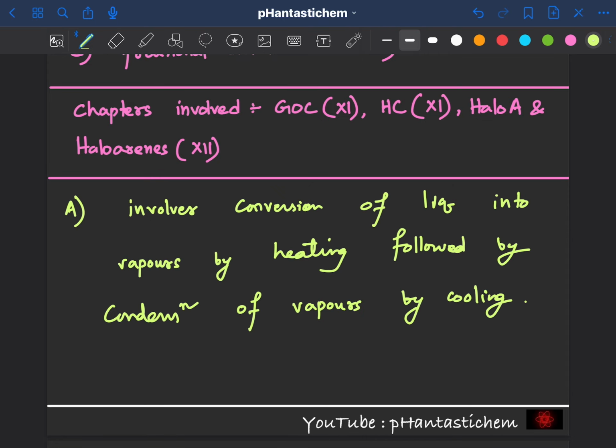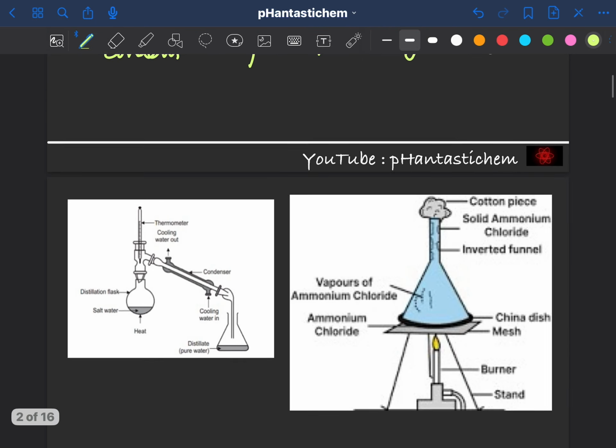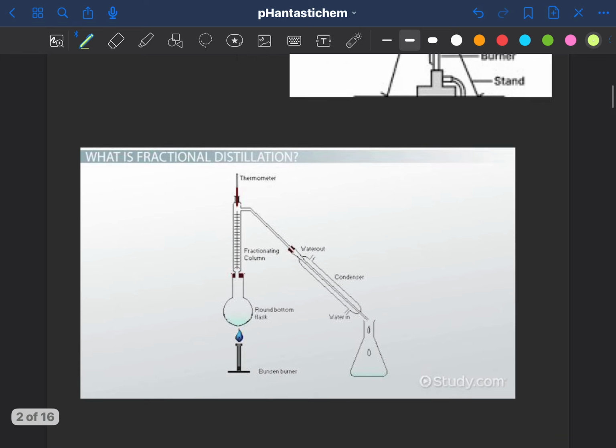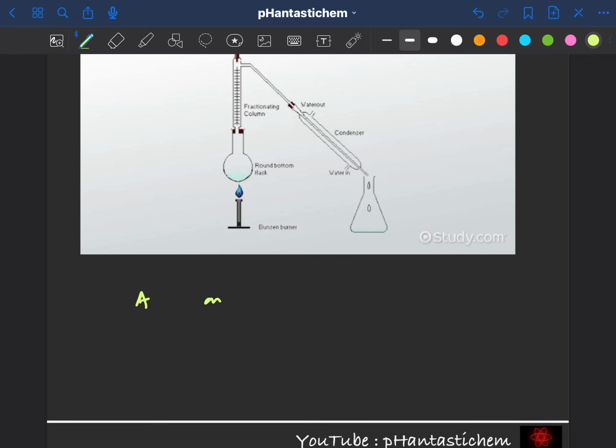When we look at the diagram of simple distillation, we take a mixture of two liquids, and obviously we have to make sure that their boiling points have a huge gap. Let's say A's boiling point is 150 degrees Celsius and B's is 250 degrees Celsius. A is more volatile, that is, it has a lower boiling point, so it can easily become vapor.